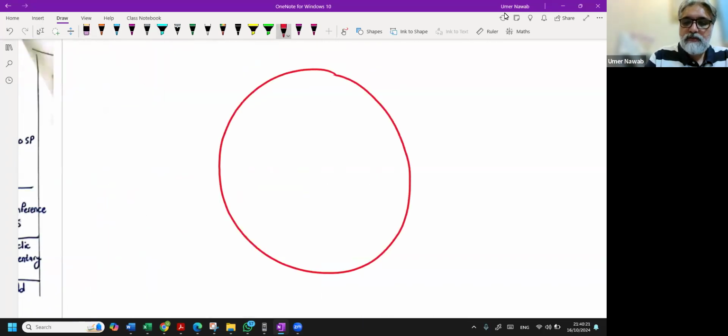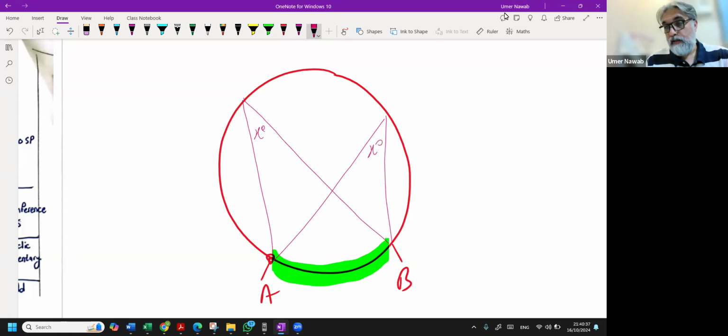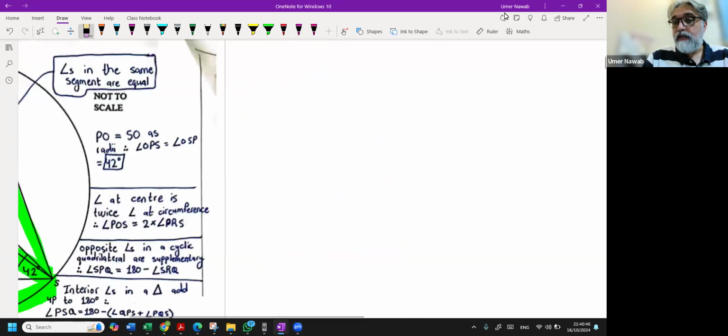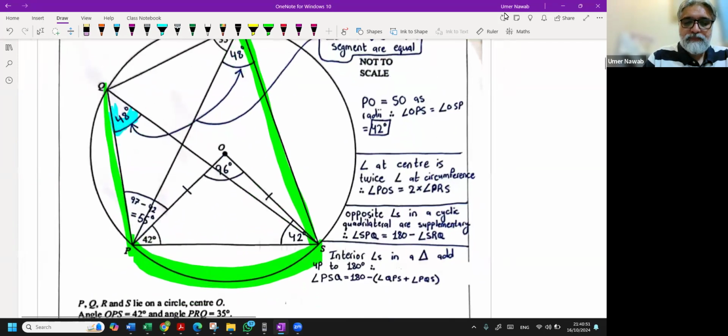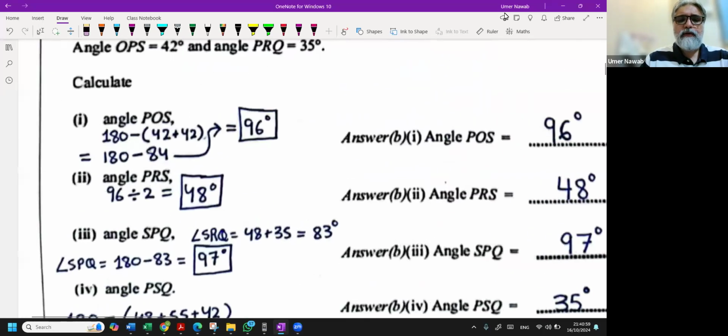If you have a circle and you have an arc, and your arc is making an angle anywhere on the circumference, these angles are always the same. This is called the angle in the same segment property. In class, we discussed it in detail. Do we have any other property used here? I think it's better now to go through the questions one by one.